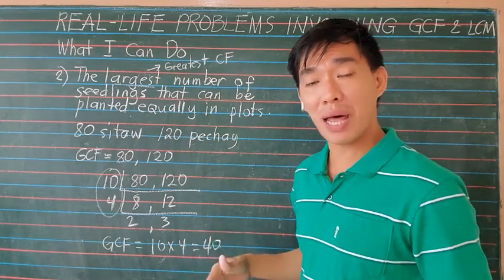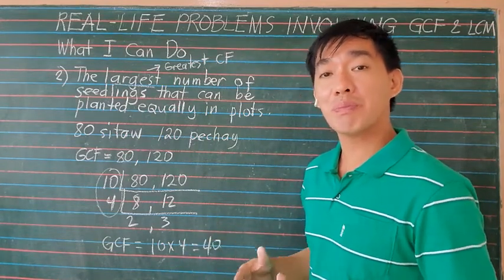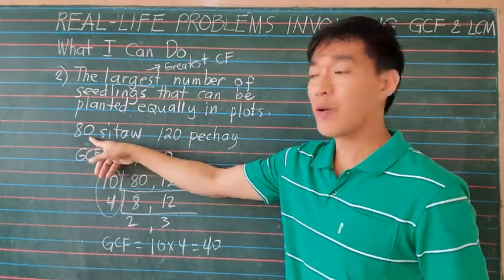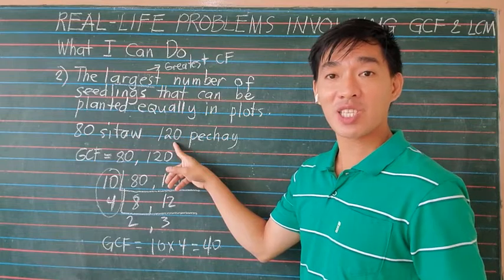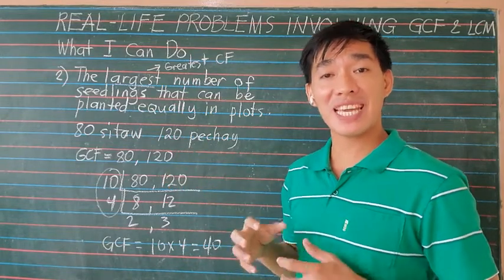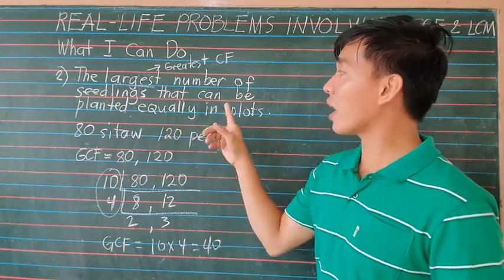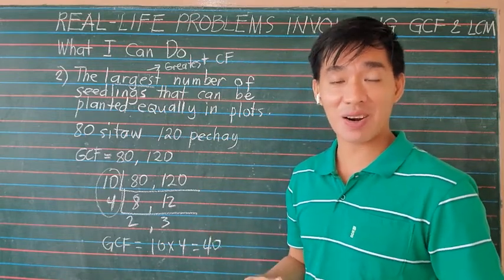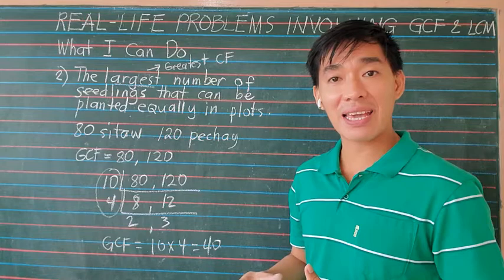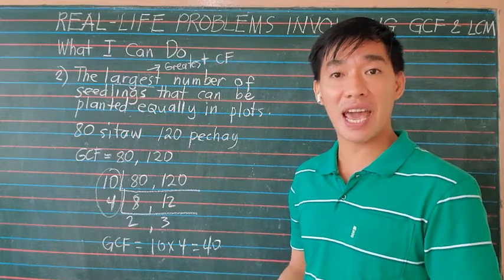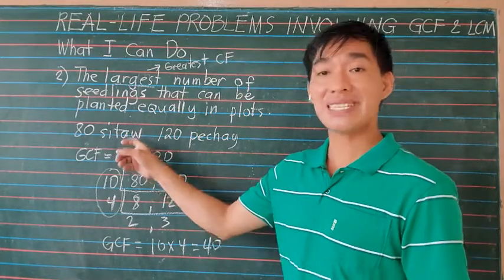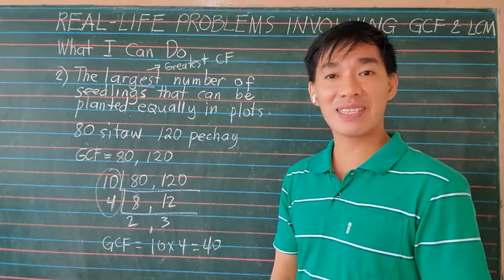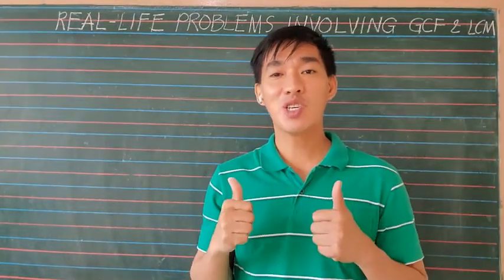So, in one plot, you could plant 40 sitaw and 40 petchay. Because the problem is each kind that can be planted in the plot, so 40 is the answer. 40 seedlings of each kind in every plot. 40 sitaw and 40 petchay. The answer is 40. Good job, grade 5.